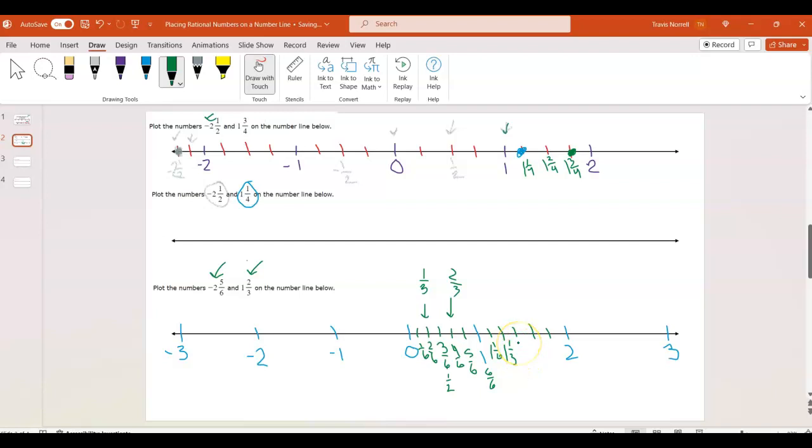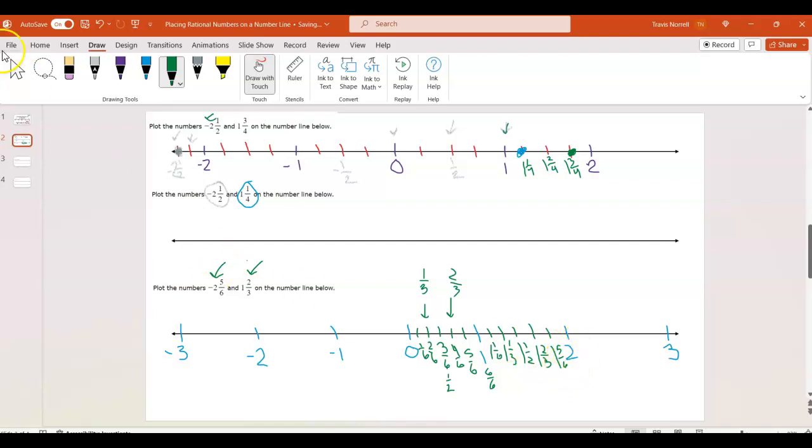This is 1 and 1/2. 1 and 2/3. Because remember, 4/6 simplifies to 2/3. And then 1 and 5/6. If I simplify each one of them.